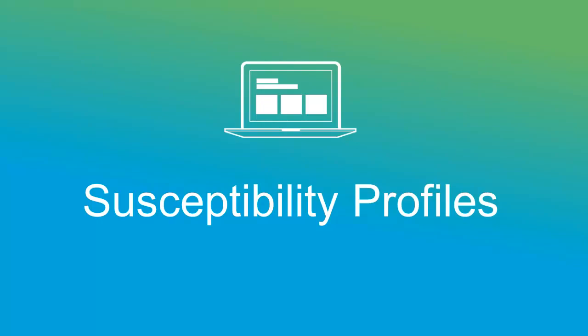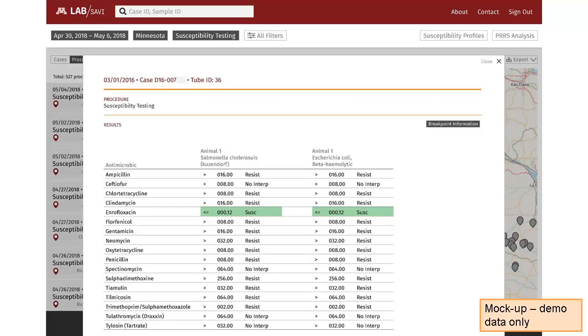And the other module we are looking at is the susceptibility profiles. I'd like to show you a couple of visualizations around that one. That's when you select a specific case and a specific tube, and it compares the 2 pathogens.